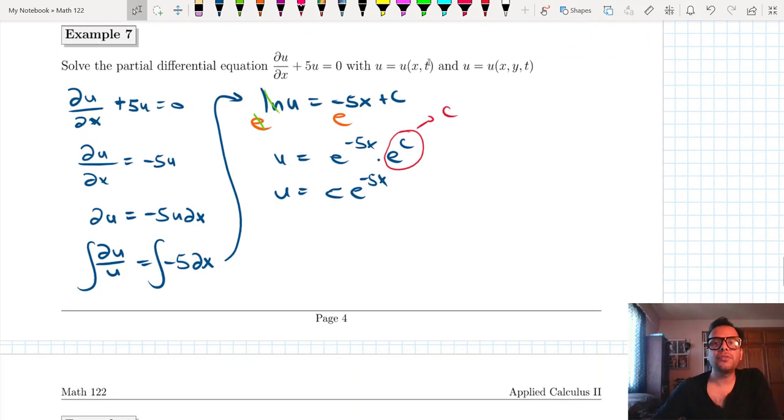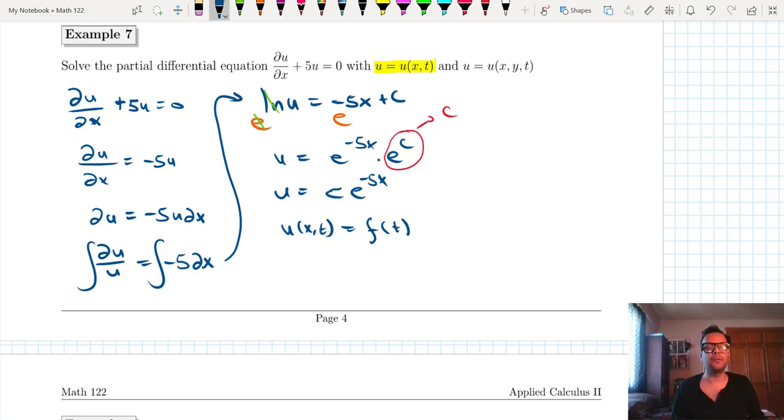Now, let's introduce the variables that we were working with in this case. U of x t, but because we integrated with respect to x, this constant will be some function that depends on t, that the variable this time was switched, the variable that was held constant, and this is simply e to the negative 5x.